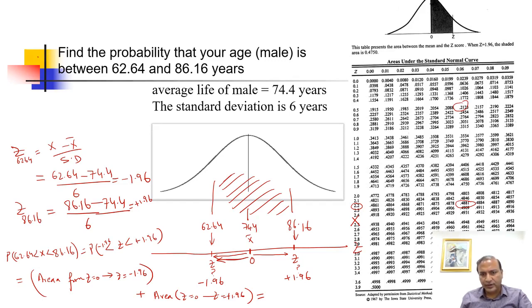So it is 0.475 plus 0.475, and the answer is 0.95. So this is the probability: 95% probability that your age is between 62.64 and 86.16.